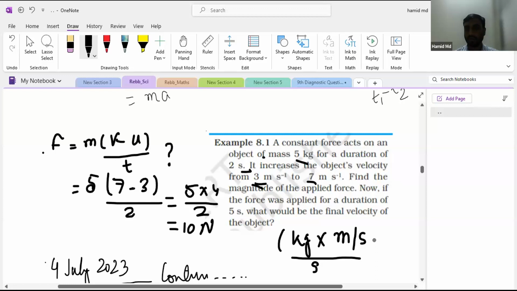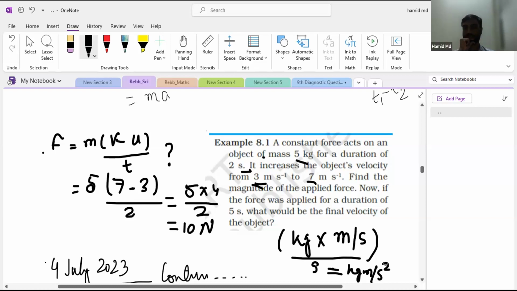So what it comes to is kilogram meter per second square, which is Newton. Okay. So what is the next part of the question? Is it clear to you? Yes, sir.